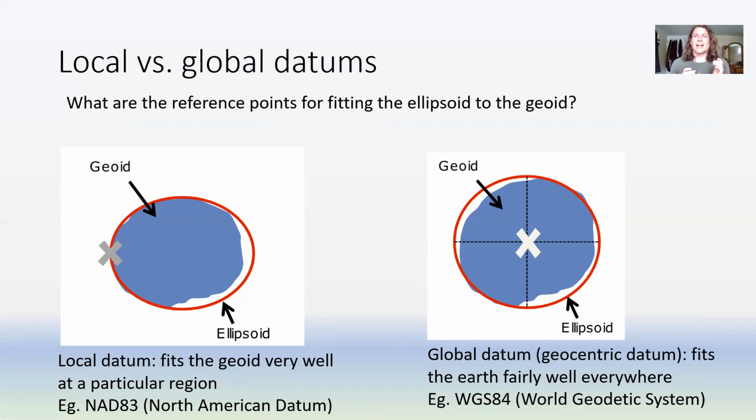And so this geoid is optimized for North America. It minimizes the distortions or deviations of the ellipsoid from the geoid in North America. But if you're on the other side of the world in, say, New Zealand, you have much more distortion. So local datums are great for looking at specific areas. Global datums are better for working with the whole world.